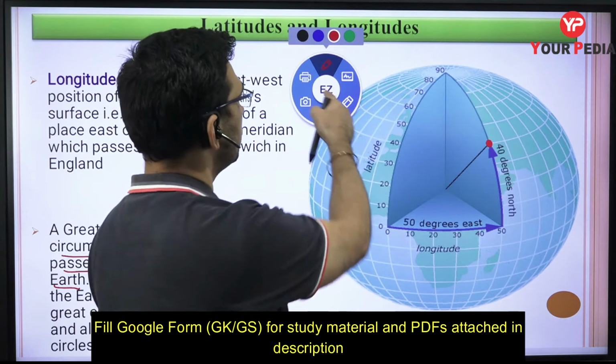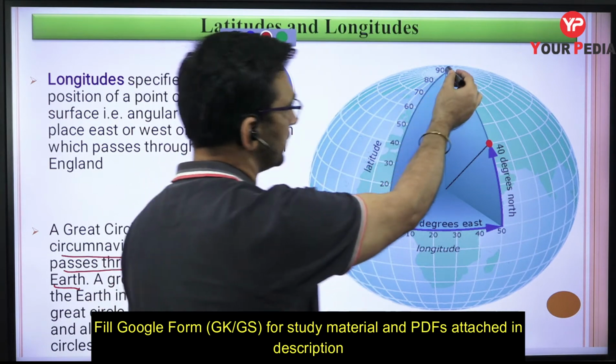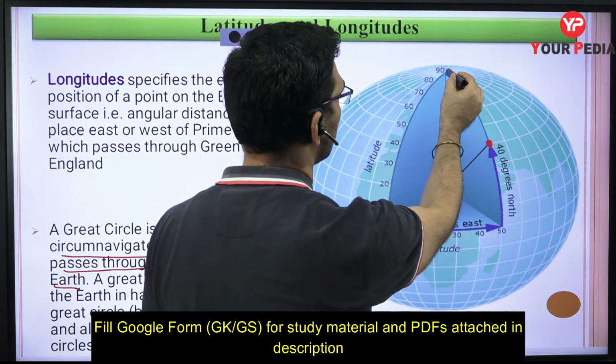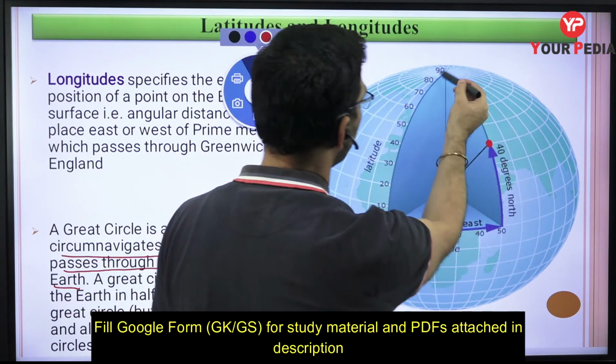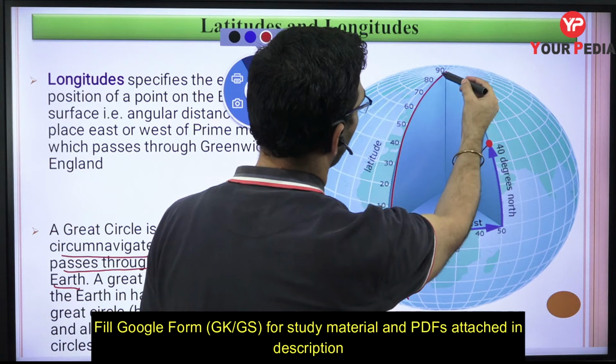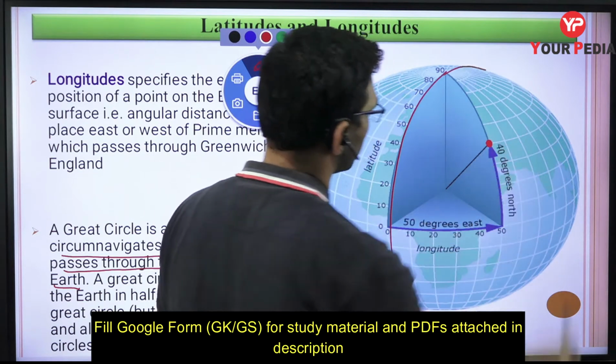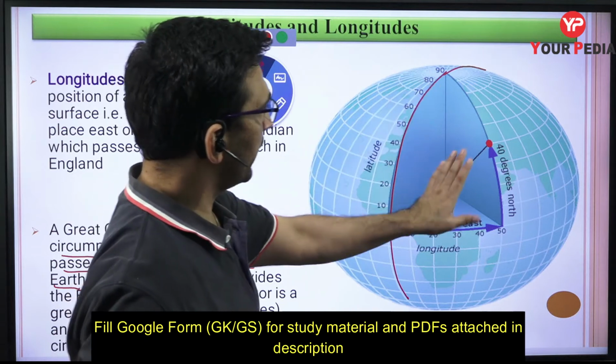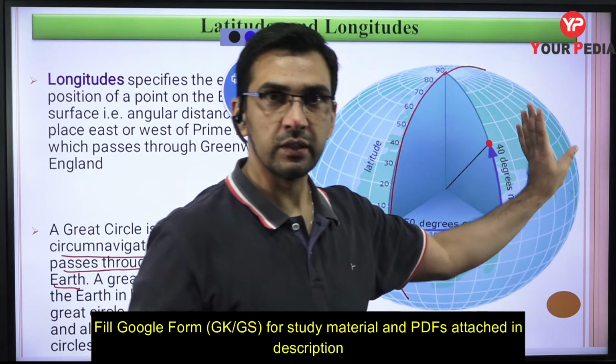So, as I explained, just take any meridian, and if you extend another meridian to the other side, this will become a circle. So any circle you take here, which is made up of meridians, right?